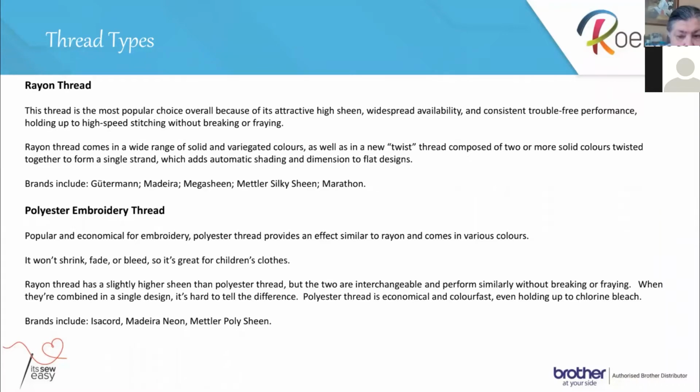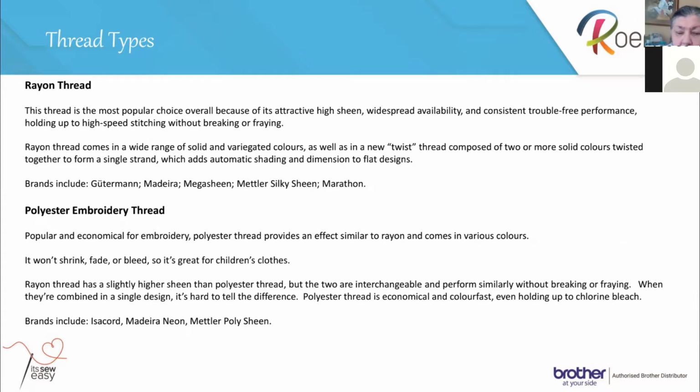Okay. This is a popular and economical thread, and it provides a similar effect to the Rayon, and also comes in a wide variety of colors. Polyester thread won't shrink and fade, it also won't bleed, and it is great for children's clothing because it is also soft, same as the Marathon threads.